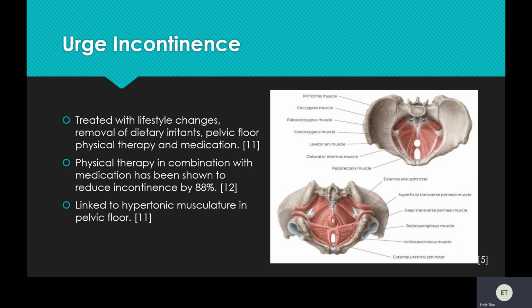And as I previously mentioned, if there's any sort of pressure at that muscle, your brain interprets it as I have to go. So if any of those muscles are in spasm, it can falsely tell the brain that it has to go to the bathroom, even though it's just that there's a muscle that's really restricted and angry and kind of pulling on it. So PT in combination with meds for urge incontinence has been shown to be quite effective in reducing incontinence by upwards of 88% as referenced here.